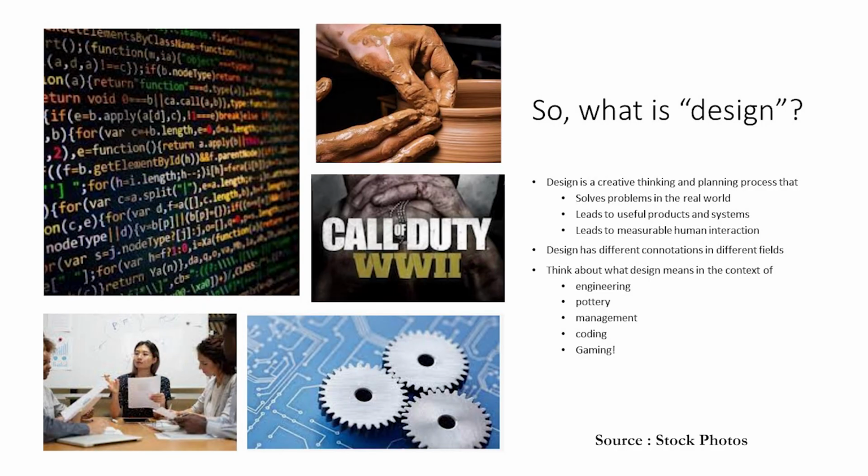So what is design then? Design can be said to be a creative thinking and planning process that solves problems in the real world. It leads to useful products and systems. As many of you said, it must solve some problem in the real world. It leads to something that we can use, something useful to humans. And it leads to a measurable human interaction.